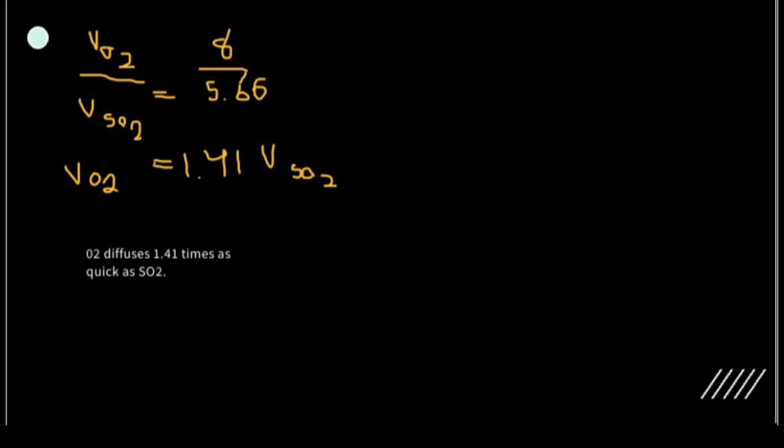The volume of O2 over the volume of SO2 equals 8 over 5.66. Then the volume of O2 equals 1.41 times the volume of SO2. Therefore, we can say that O2 diffuses 1.41 times as quickly as SO2 does.